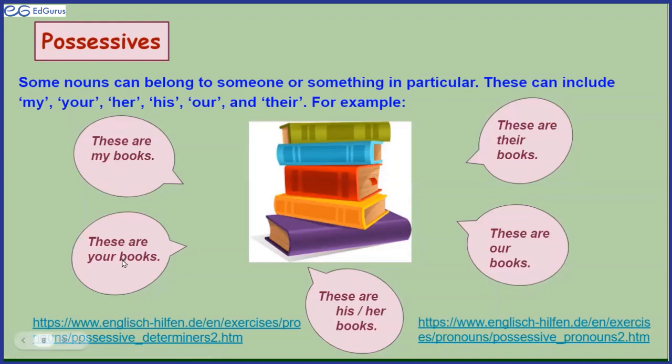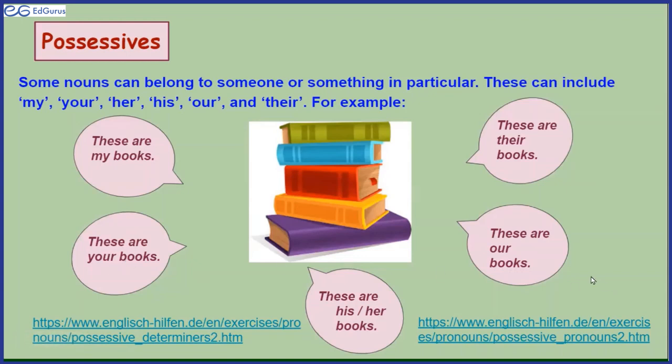Similarly, we say these are your books. Your has been put before the noun books. But if I say these books are yours, it's the same case as that of mine, that yours is not a possessive determiner here. It is definitely a possessive pronoun as it is describing a noun, but it has not been used before the noun, so it cannot be called a determiner.